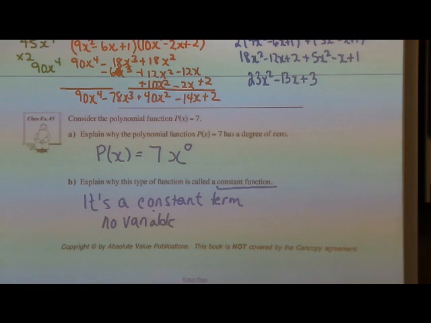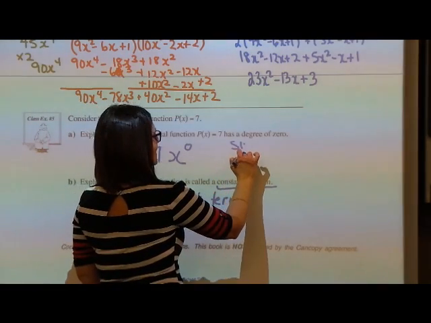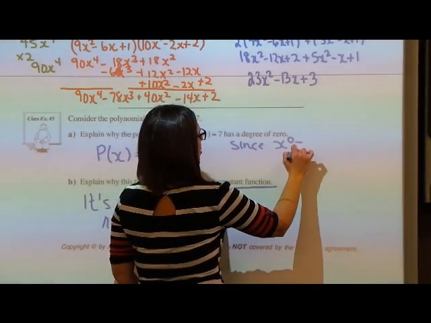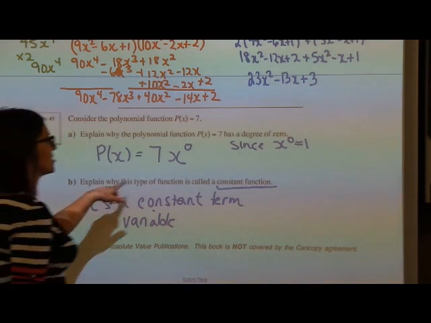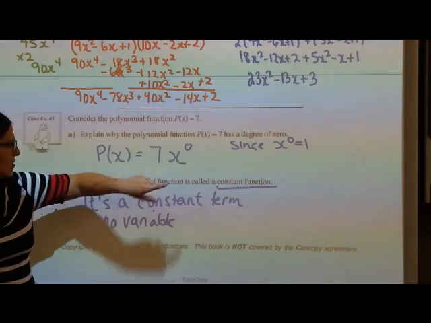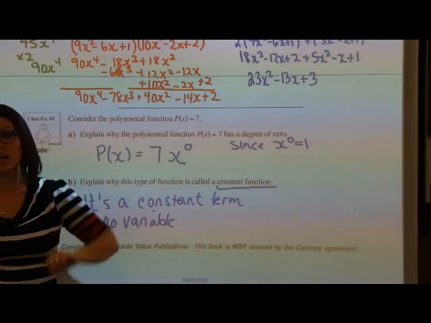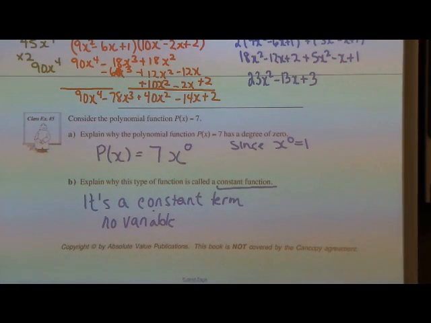Because what is x to the power of 0? 1. Since x to the power of 0 equals 1, all I've written is 7 times 1, which is just 7, so why do I need to put the x to the power of 0? But that gives me my explanation. Why does this have a degree of 0? Because my variable would actually be a degree of 0.